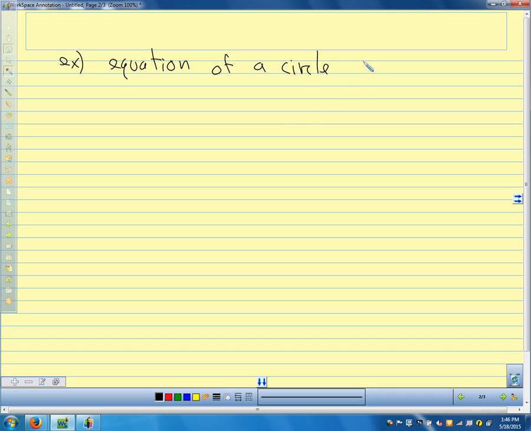Equation of a circle with center -6, 8, and radius 5. A lot of your homework questions are some version of this question, where you'll have the center and the radius of the circle and you want to figure out the equation.